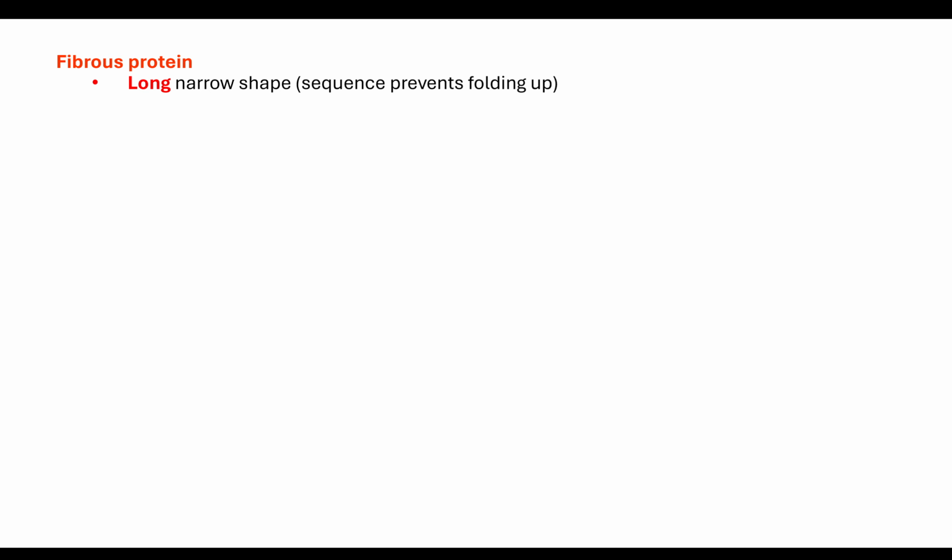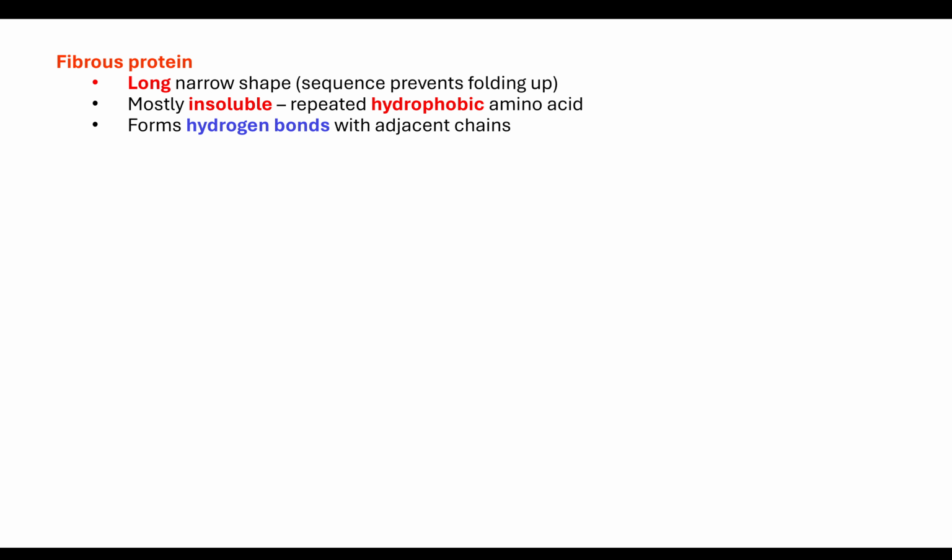What you tend to find in fibrous proteins is that they are mostly insoluble because they have very many repeated amino acids. And in this case, the repeated amino acids are hydrophobic. And because they're hydrophobic, they are repelled from water. Therefore, they're not going to form hydrogen bonds, which makes them insoluble.